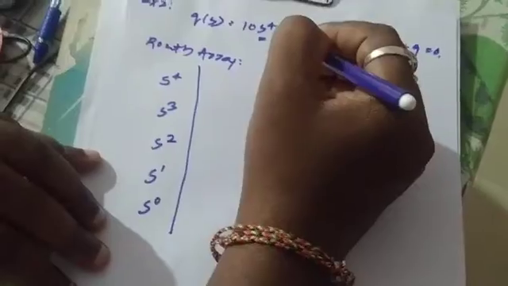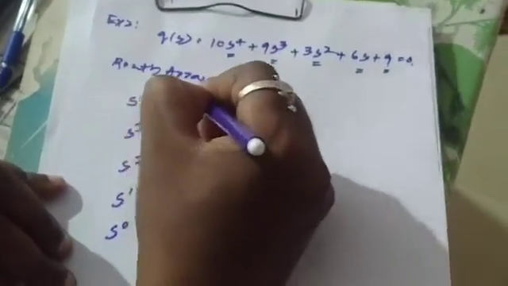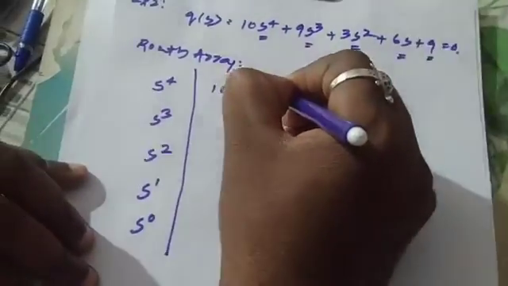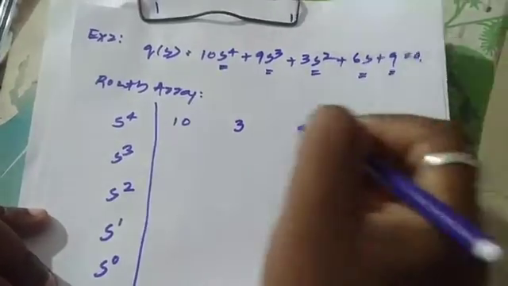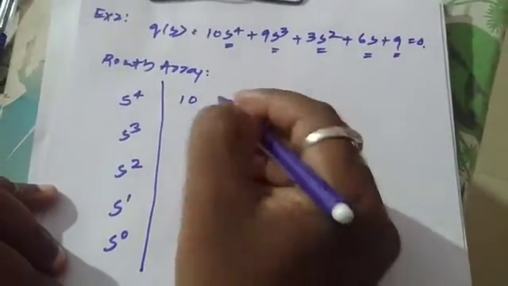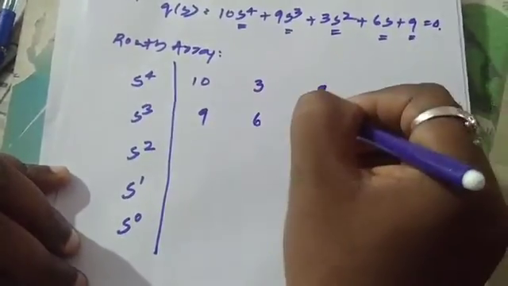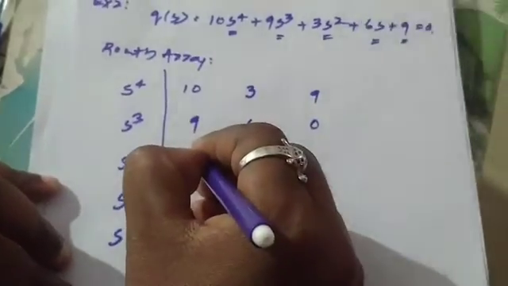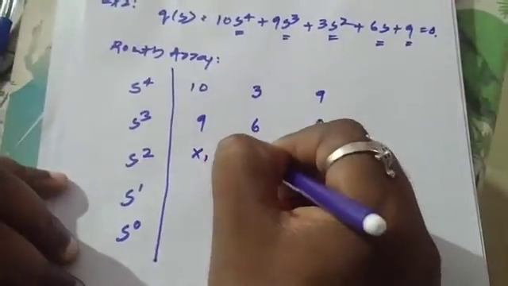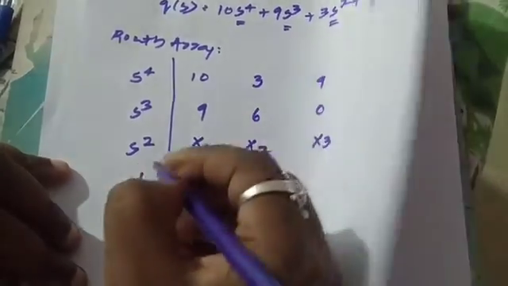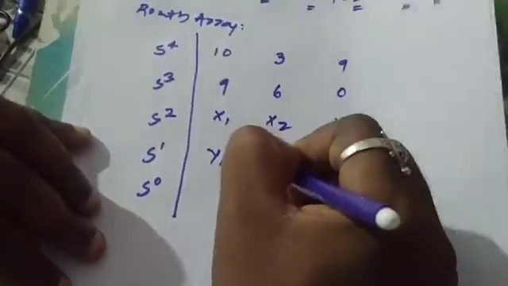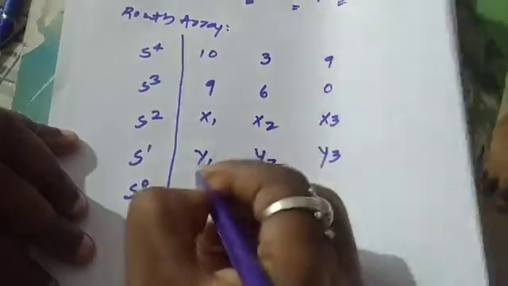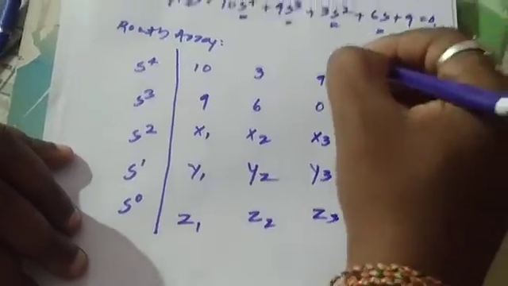So the rows are 10, 3, 9 and 9, 6, 0. You have written it like this. Now the remaining coefficients you write another way: x1, x2, x3, then y1, y2, y3, and z1, z2, z3. Now you have to calculate by the determinant method.